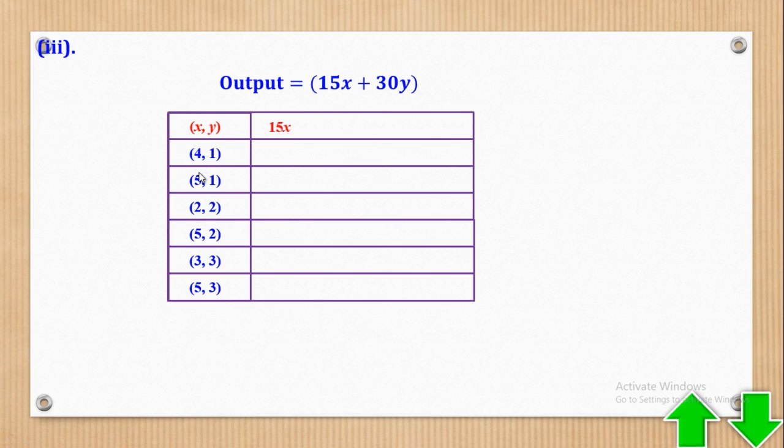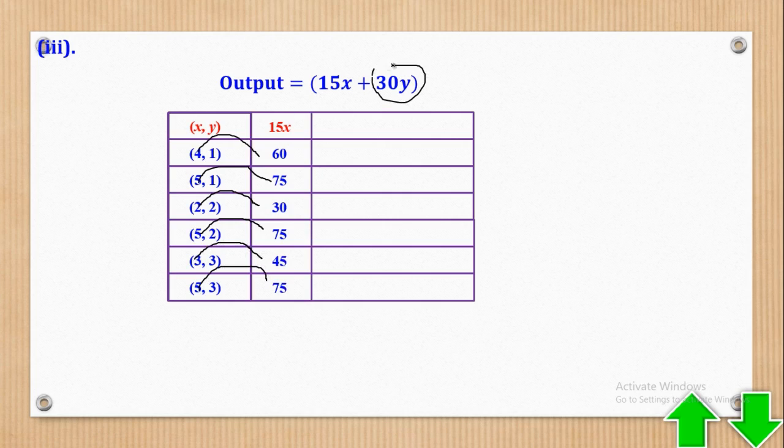Next is to get the values of 15x. These are the valid x coordinates, so they'll be multiplied by 15. For example, 4 by 15 will give me 60, 5 by 15 will give me 75, 2 by 15 will give me 30, 5 by 15 will give me 75, 3 by 15 will give me 45, and 5 by 15 will give me 75.